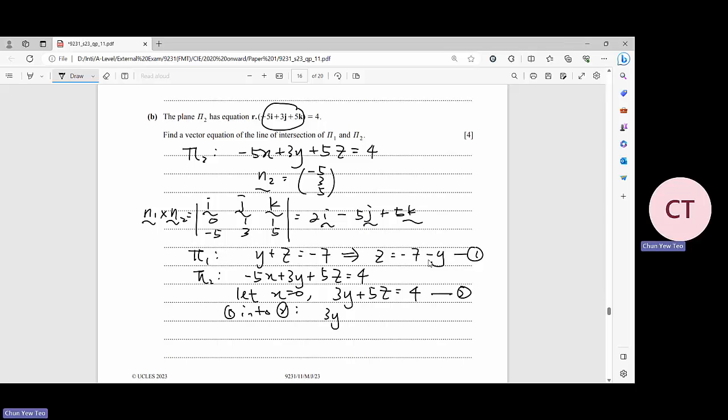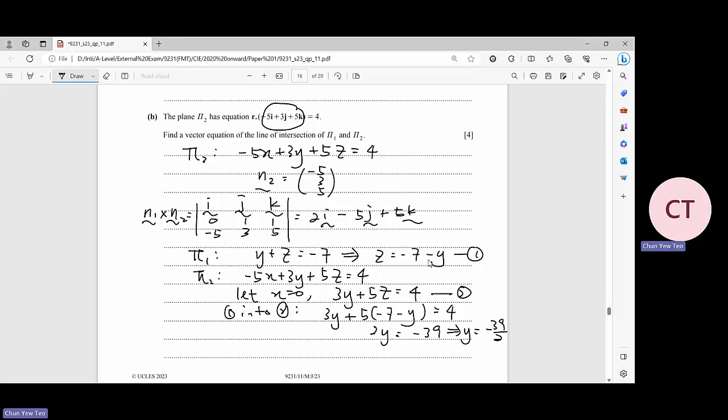Okay, then you get 3y plus 5z equal to 4 if you substitute them inside. Okay, then if you expand them and simplify them accordingly, you will get 2y equals -39. Then your y is -39 over 2.